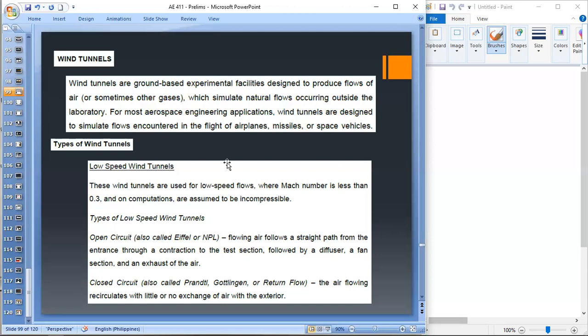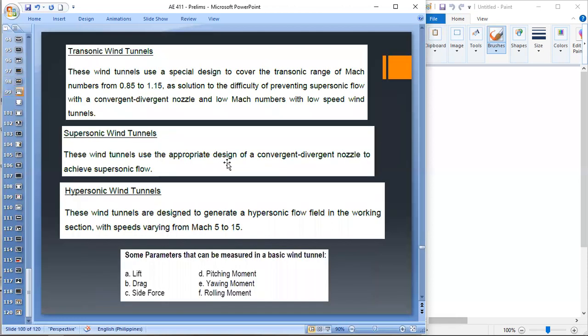Okay? So ano pa yung ibang type ng wind tunnels? So we have transonic wind tunnels. So these wind tunnels are special design to cover the transonic range of Mach numbers from 0.85 to 1.15. So a solution to the difficulty of preventing supersonic flow with a convergent divergent nozzle and low Mach numbers with low speed wind tunnels. So ito, combination siya ng transonic speed natin sa aircraft.